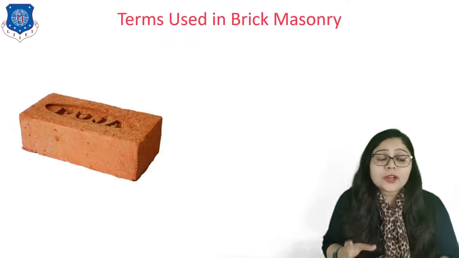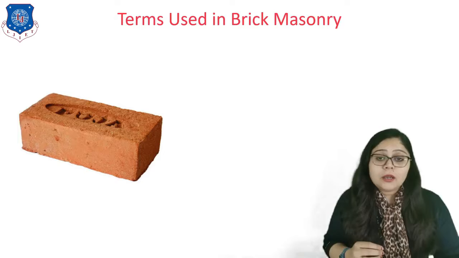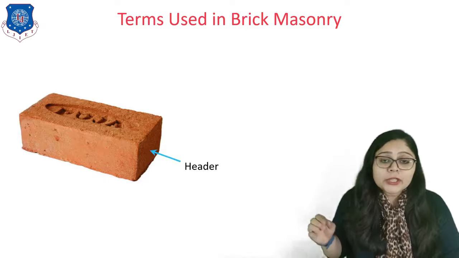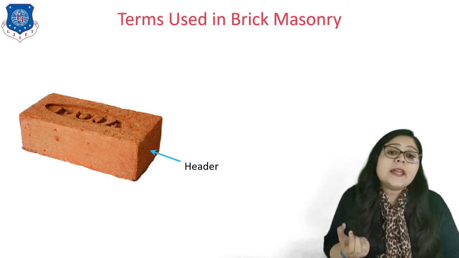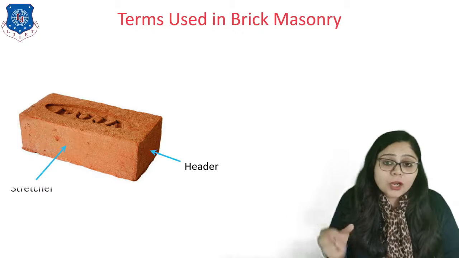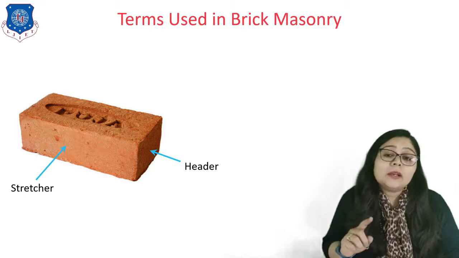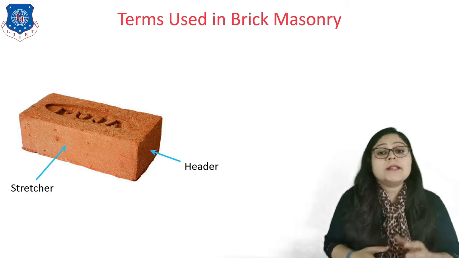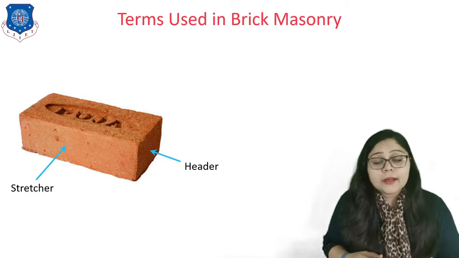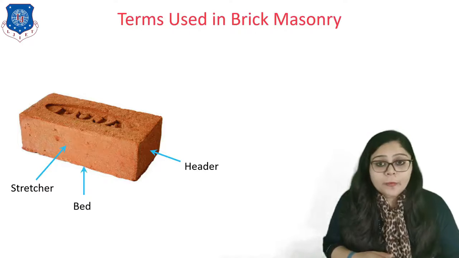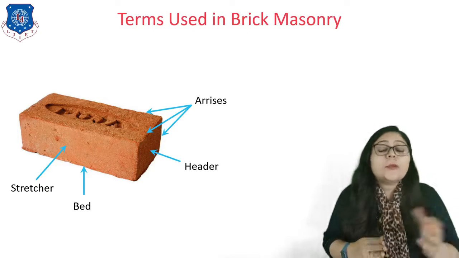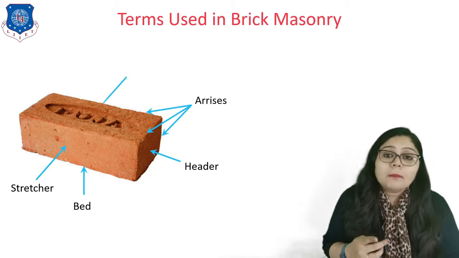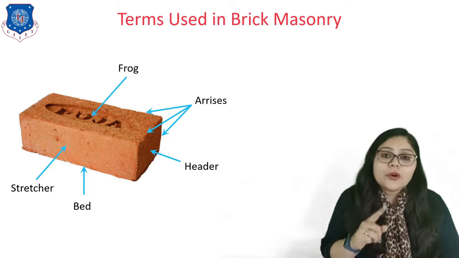For that, first, this is a brick, and the front or smaller part of this brick is known as the header. The longer part in terms of length is known as the stretcher, and the edges of the brick are known as the arises, while the lower portion is known as the bed, and the upper portion is known as the frog.